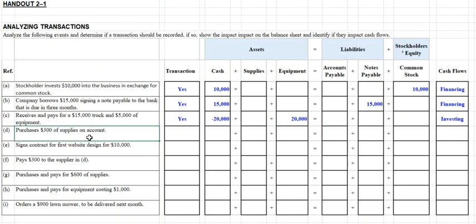Item D, purchase $300 of supplies on account. So we're getting an asset and we have a liability. And again, this is an example of a transaction. We're getting $300 in supplies. We're not paying for it right now. If we were paying for it right now, we would have a $300 decrease in cash. But we're not paying for it now. We're going to pay for it later.